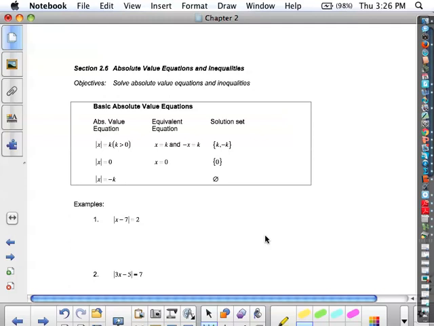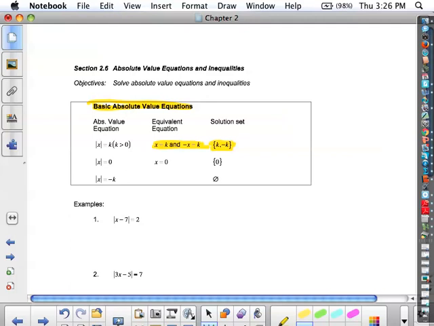The basic absolute values are that if you have the absolute value of x equals k, where k is greater than 0, then x equals k and minus x equals k, which gives you the solution set, and you have two solutions, k and negative k.